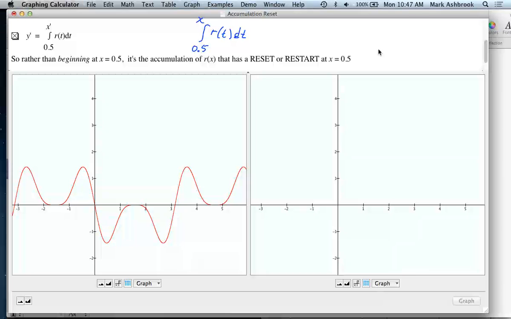The question was, why is there a rate and accumulation over there if we're starting at 0.5? It has already started, and by creating this accumulation function, it's going to be 0 at 0.5, like a restart of the accumulation. Does that make sense? So let's graph that. And there we see at 0.5, sure enough, we have our 0.